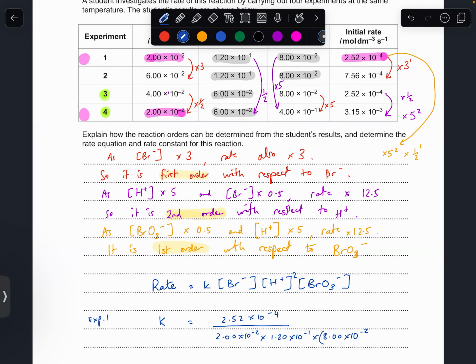But this time, this is squared because it's second order, and we'll use double brackets.